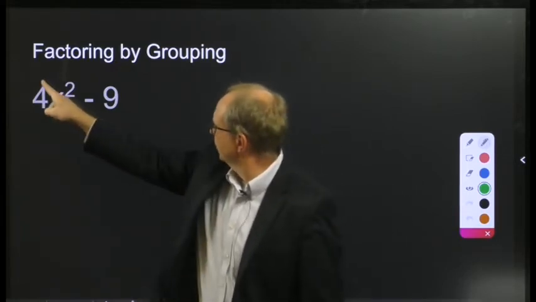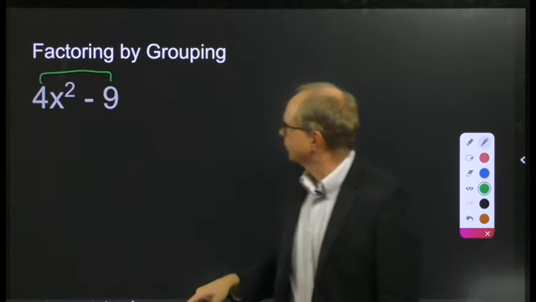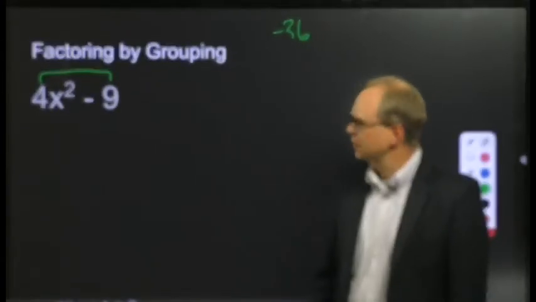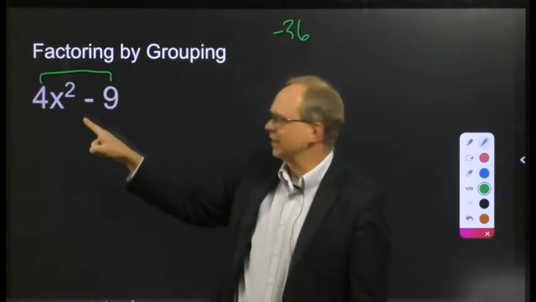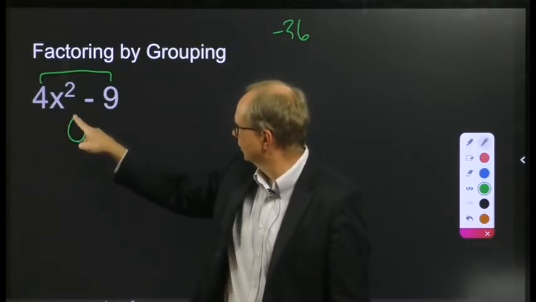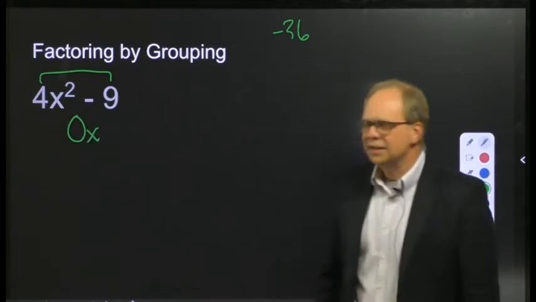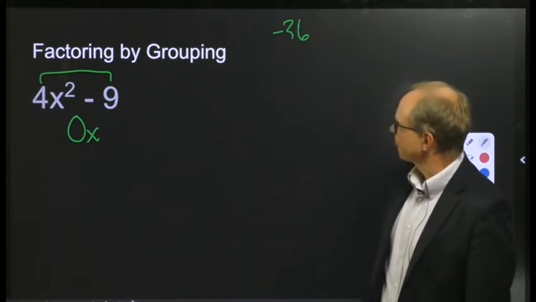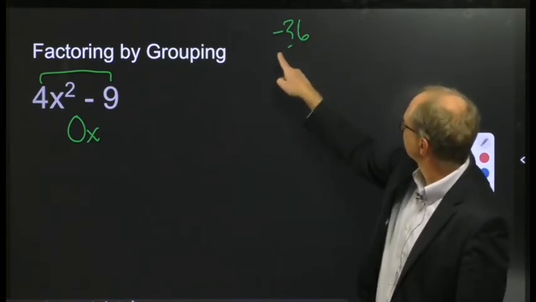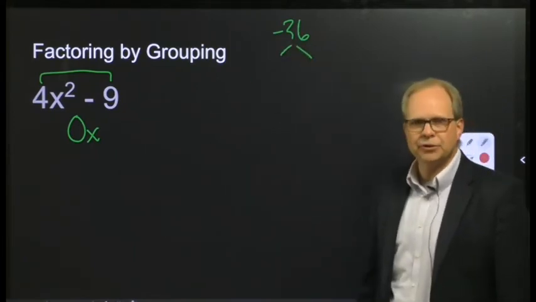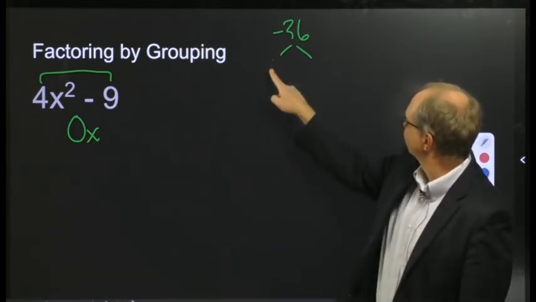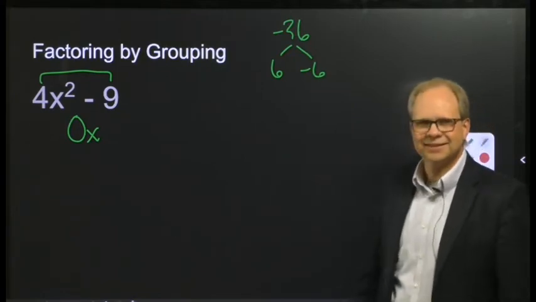Well, we're still going to take the 4 times the negative 9 to get negative 36. What about that middle term? If it's not there, that just means the coefficient is a 0 out in front of the x term, the linear term, as they call it. So we have to find factors of negative 36 that combine to make 0 this time. Oh yeah, 6 and negative 6.